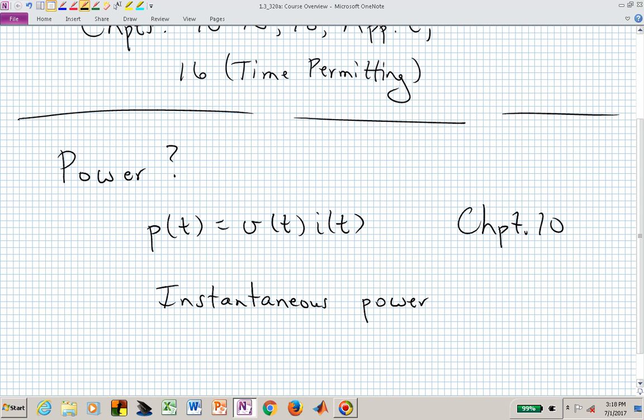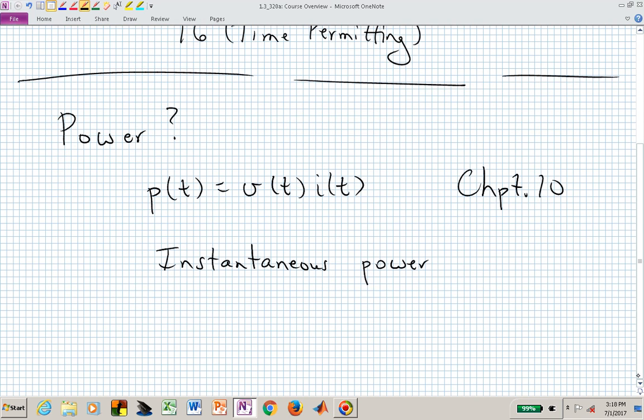But in fact, we're dealing with a particular scenario, where instead of having to worry about the power at each instant of time, we're dealing in a steady state sinusoidal setting, at a frequency of 60 hertz. We're operating in a steady state frequency domain setting.